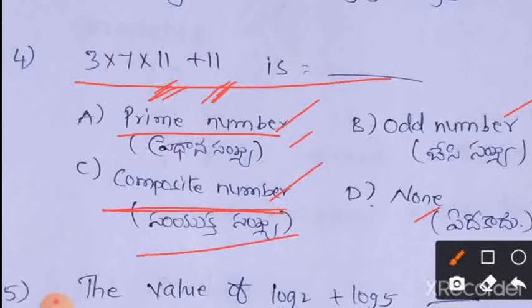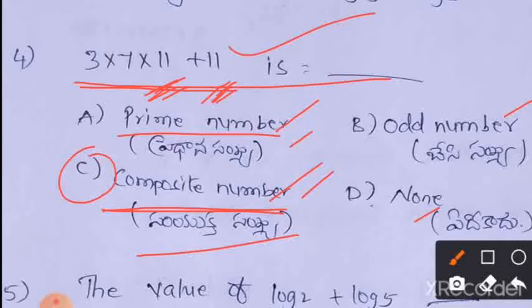So I think this is a composite number. Why? Because 1 is a factor of any number and itself is also a factor. Here, in addition to those two factors, 11 is another factor. That's why this number is called a composite number.